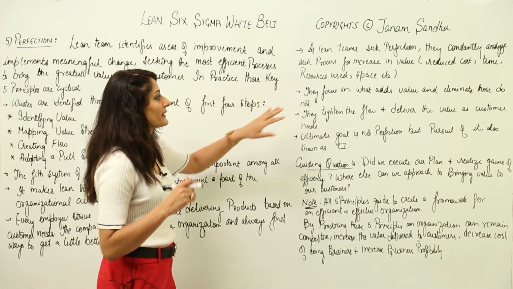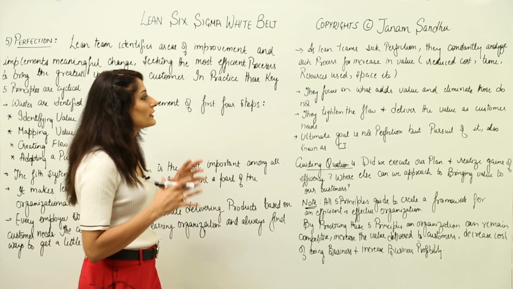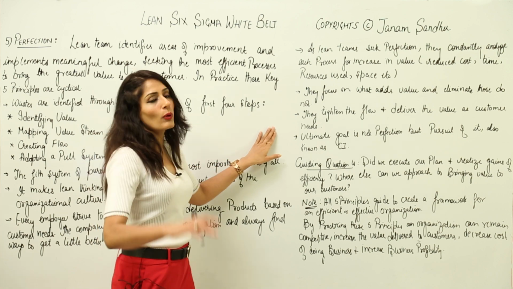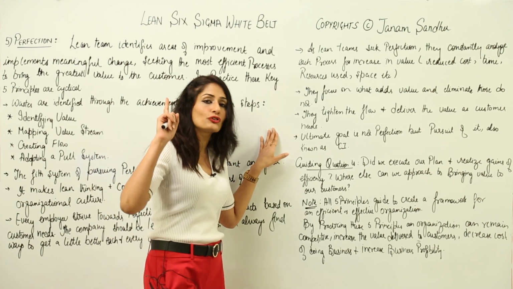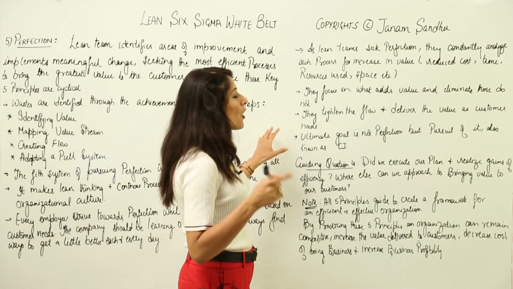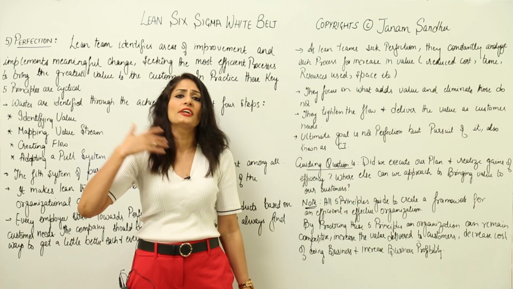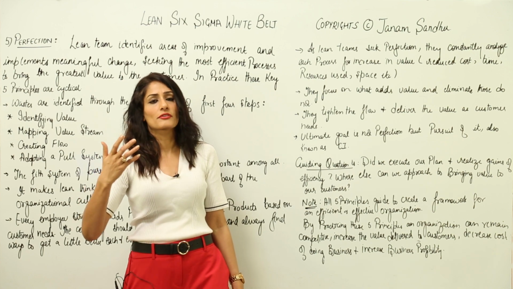Basically they do it by tightening the flow and delivering the value as the customer needs it. So the ultimate goal is not perfection, it's actually the pursuit of perfection, also known as continuous improvement. So you try to improve each and every day and do it continuously.